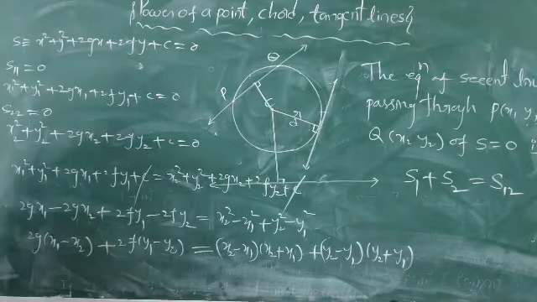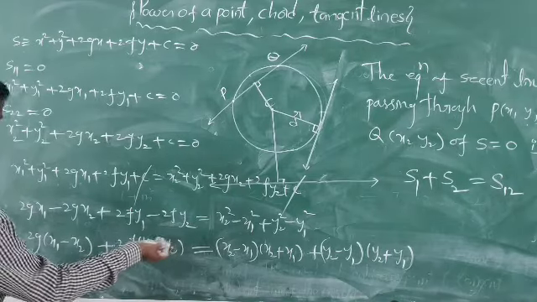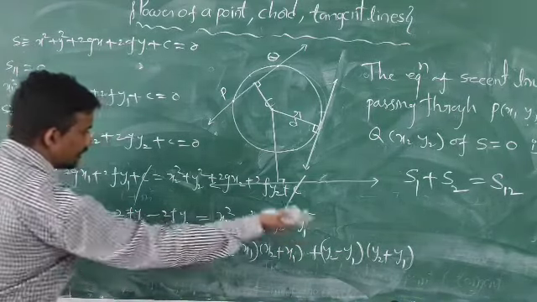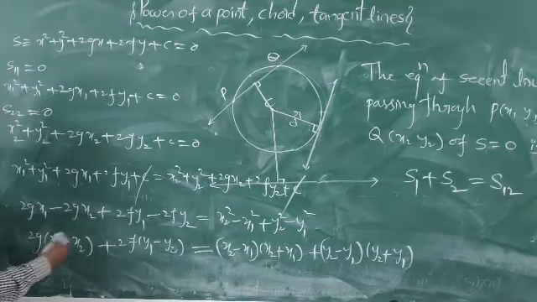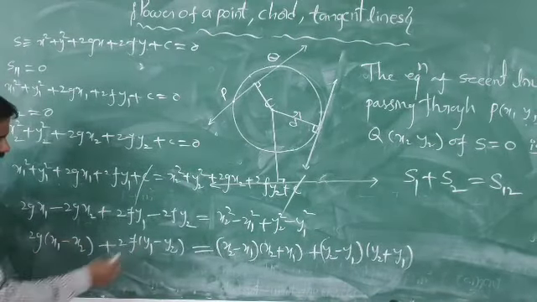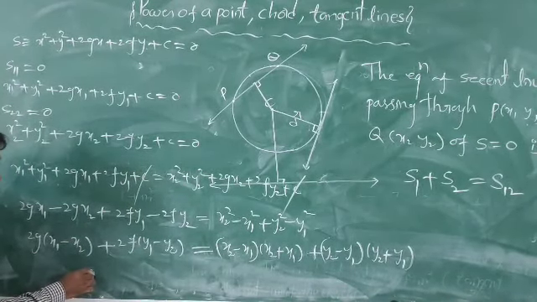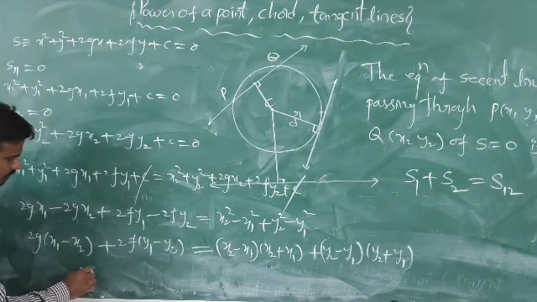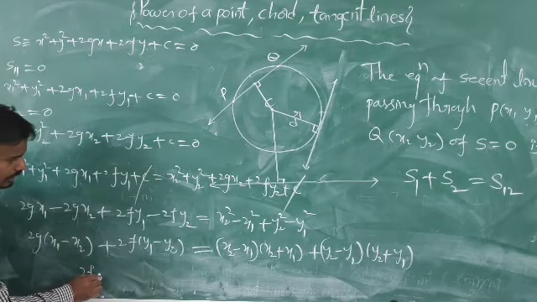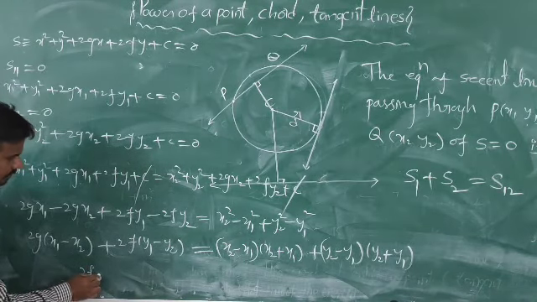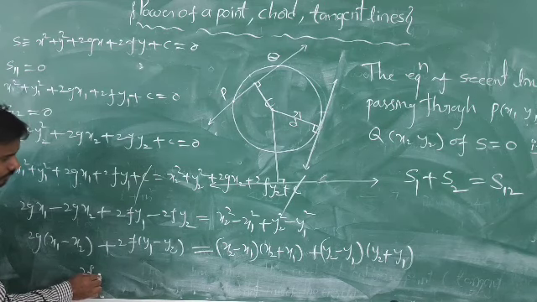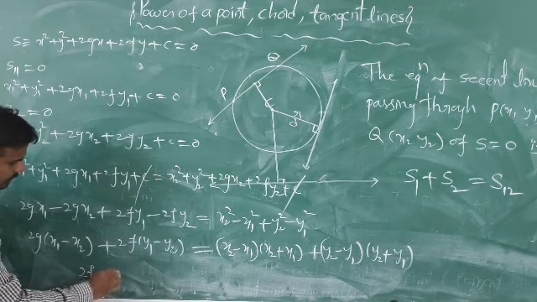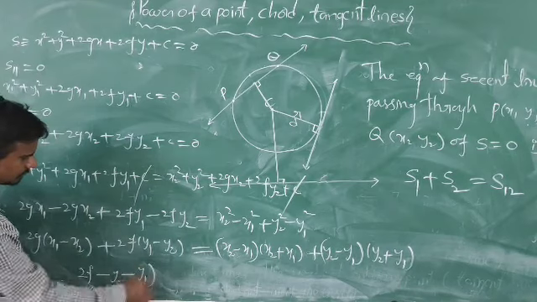And now bring that one to this side and this term to that side, and we get finally 2 of f into minus of y2 minus y1.